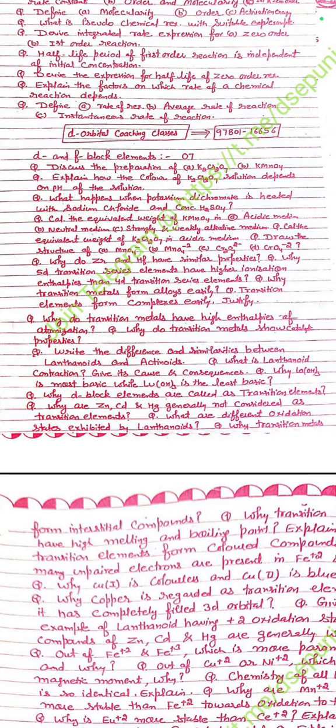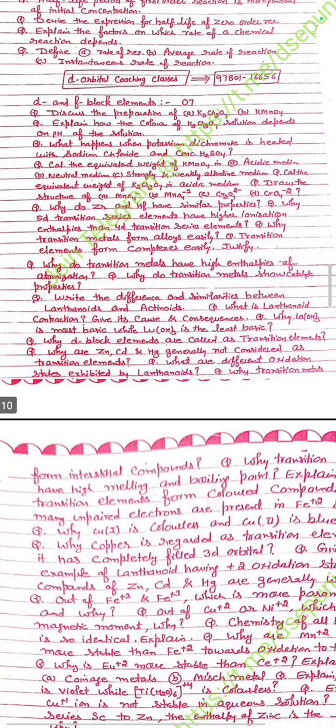So preparation of potassium dichromate and potassium permanganate is the most important question, and the color questions, color distinguishing questions, and some differences like lanthanoids and actinoids are important.